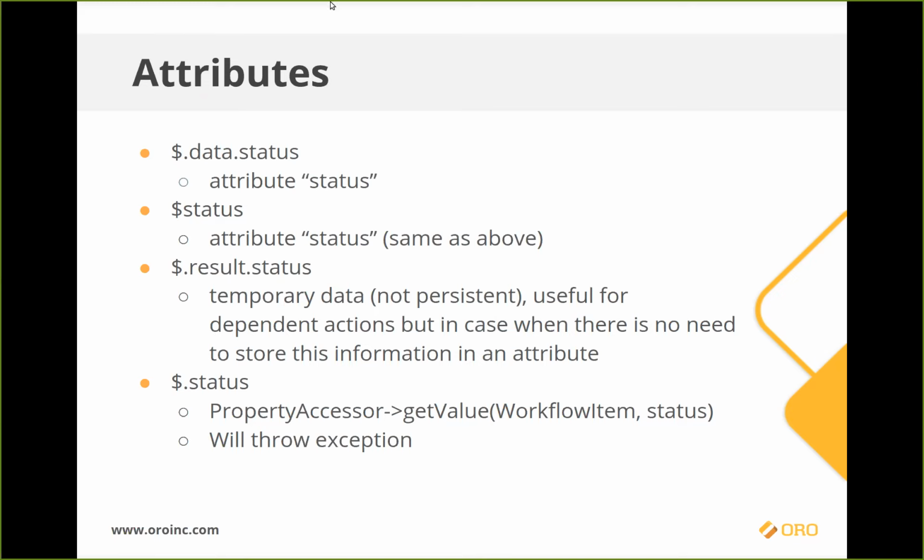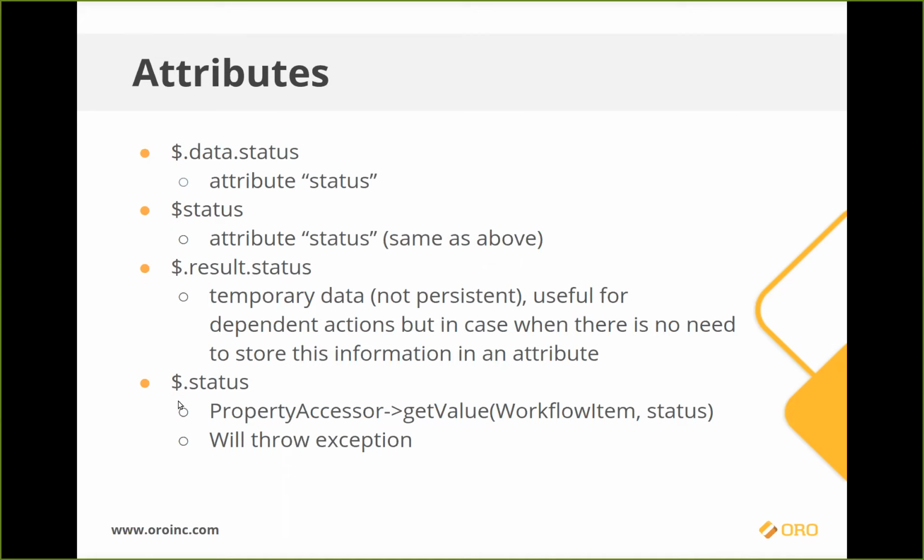So I can store it in some temporary variable. I will call it, for example, $.result.notifier_email, and I have access to this through all this transition, but it will not be persisted anyway, just for the time being of the transition and all the actions inside it. So this is a special namespace, $.result, and then I can use any name, and this variable will be created. I can put some value there and then check it.